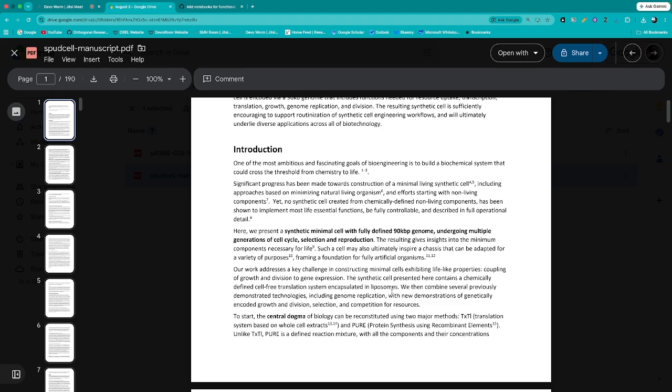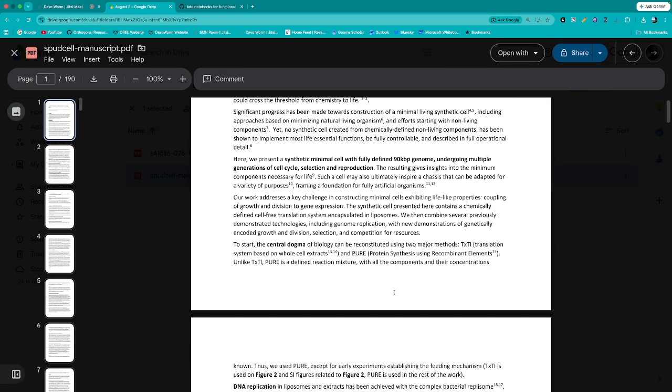So they use TXTL, which is a translation system based on whole cell extracts, and PURE, which is protein synthesis using recombinant elements. So I don't have the details on these different things, and I'm not familiar with either one. But they're protocols that people use for basically creating translation and transcription systems within cells.